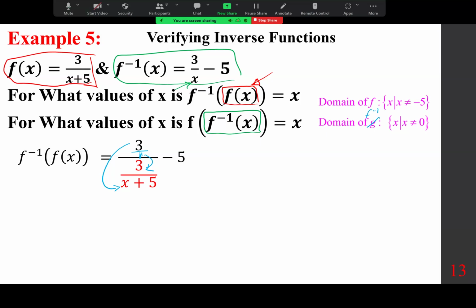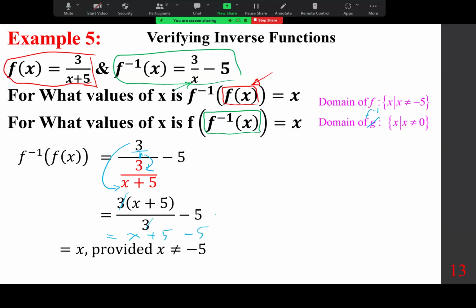And then 1 times 3, you multiply the means. And these two cancel each other. You get x plus 5 minus 5, which is x, and x can't be negative 5. So we looked at the first case.